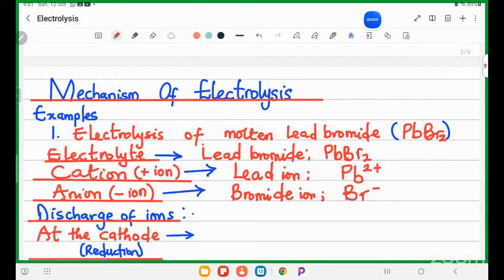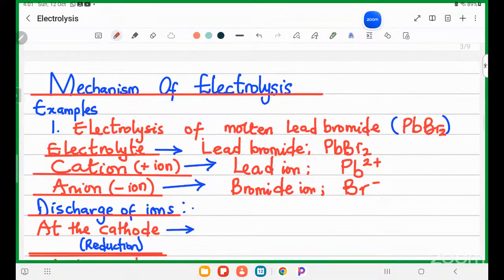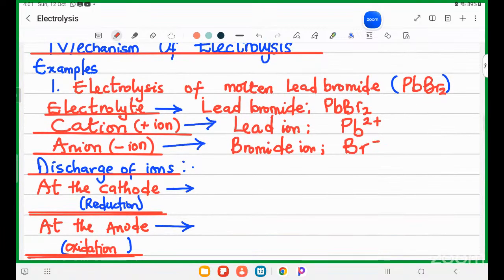Then discharge of ion is going to take place in two locations. The discharge of ion at the cathode and also the discharge of ion at the anode. Don't forget that reduction occurs at the cathode. Now, at the cathode, what's going to migrate to the cathode? That is the lead ion will migrate to the cathode, right?